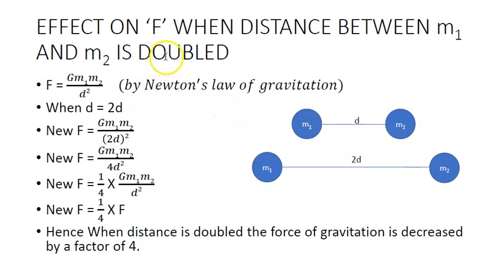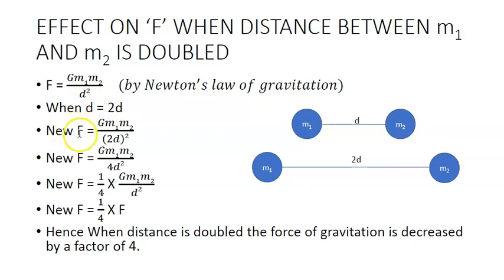What will happen when the distance between the two objects is doubled? Again, we start with Newton's universal law of gravitation expression. F is equal to G m1 m2 upon d square. When d becomes 2d, we substitute this value in place of d.